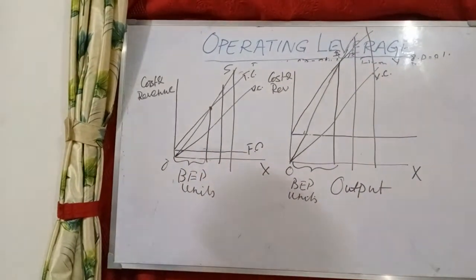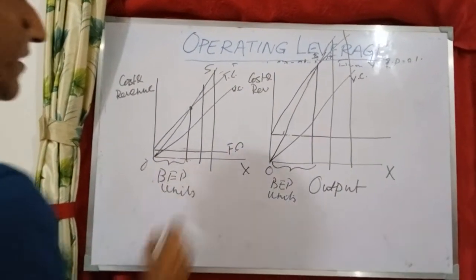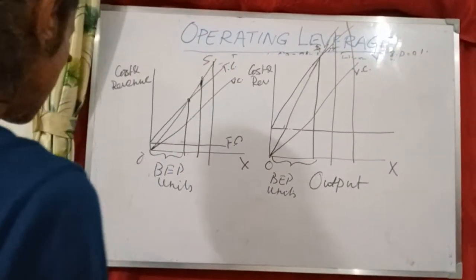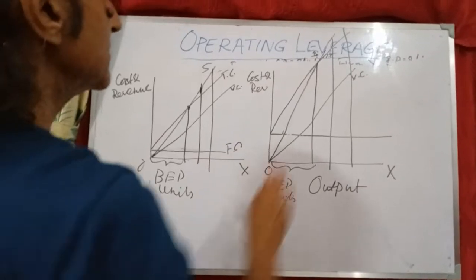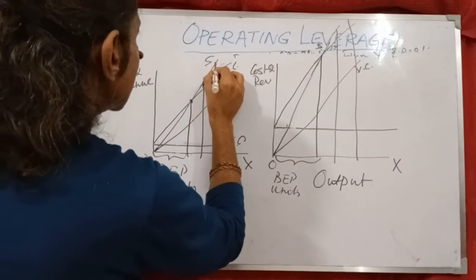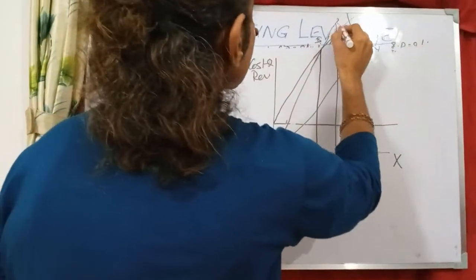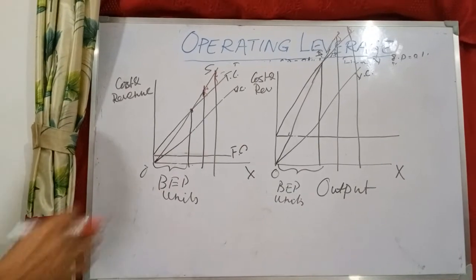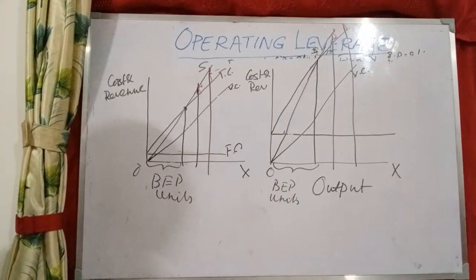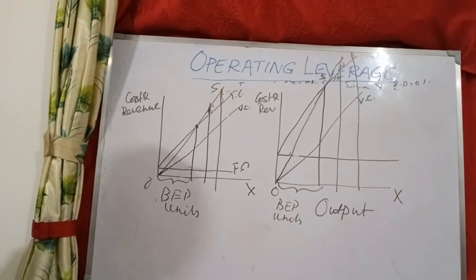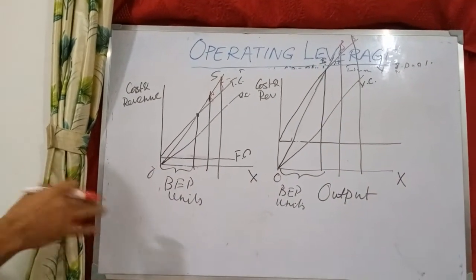Okay, the difference between the sales line and total cost line, this part will be bigger and bigger in case of farm Y. This part, sales minus total cost, will be bigger and bigger for farm Y relative to farm X, because farm Y has more degree of operating leverage than farm X has.